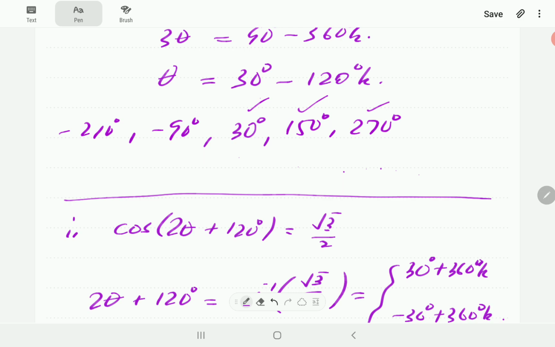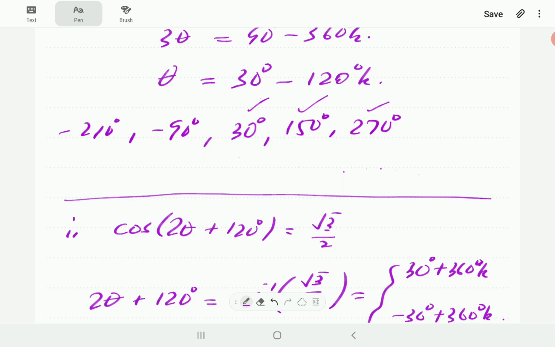If we take negative 210 and then minus 120, we're going to get negative 330, and then minus 120, we're going to get negative 450.